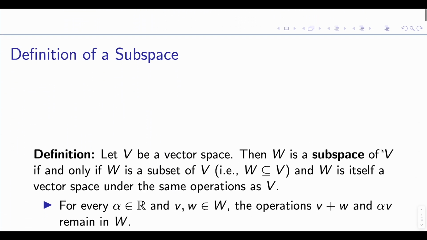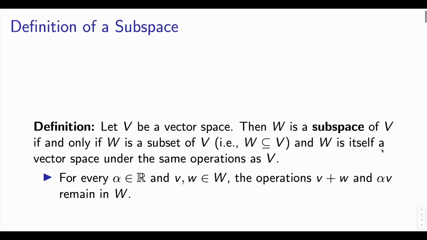So what is the definition of a subspace? Suppose V is a vector space defined over the real field, and W is called a subspace of a given V if and only if W must be a subset of V first of all.